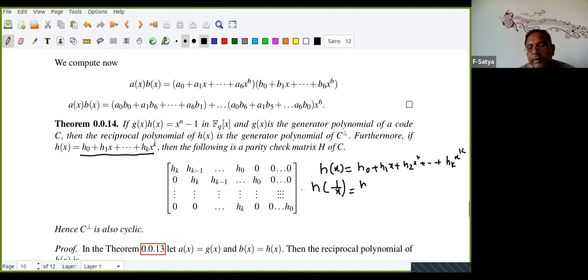I'm just writing h0 plus h1 by x and so on, plus hk by x power k. Is it clear? But it is no longer a polynomial. What I do now is multiply with x power k. So x power k into, now what happens? Can somebody help me?